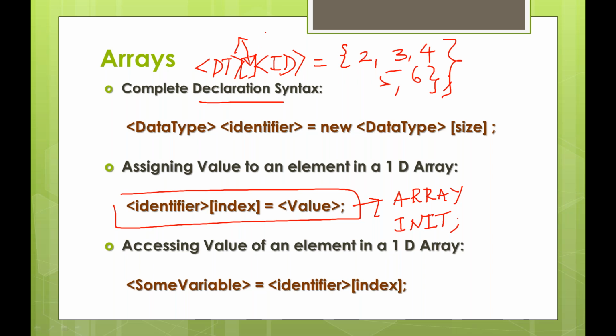Note that we have not specified the size of the array anywhere. This is important. So what will be the size of the array? It is the number of elements that you specify within your flower brackets. That specifies the number of elements that need to be stored in this particular array.